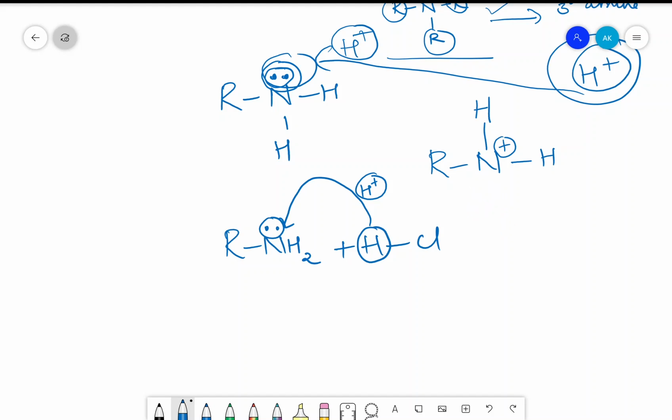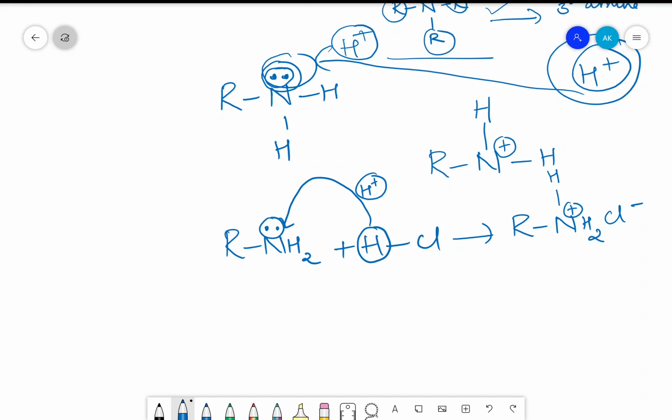So we are going to get this particular structure here, that is R, N, H, H2, Cl minus. Because nitrogen is losing the lone pair, it will get a positive charge.